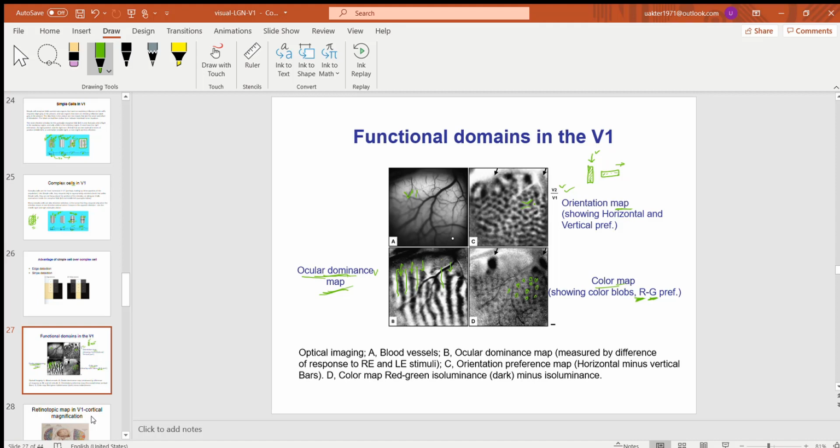This is a very nice experiment, although we didn't have a lot of technology to record the activity of many neurons simultaneously, but this was a very difficult but elegant experiment at that time.